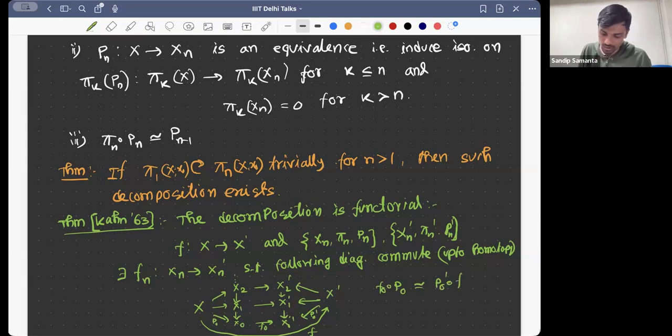Similarly, for each level we have that: this extra condition puts that fn, pn, and pn prime commute up to homotopy, that square. This also commutes.